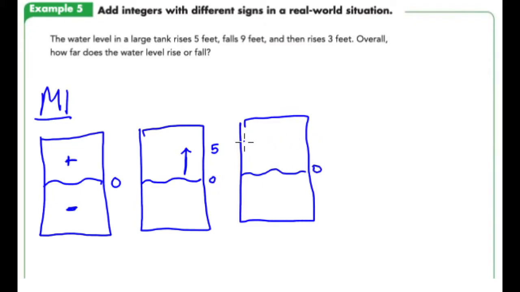And now from our new water level, which was 5 feet, we go down 9 feet. So we go down 5, and then from 0 we have to go down 4 more. That gives us a total of 9. And now our new position would be a negative 4.